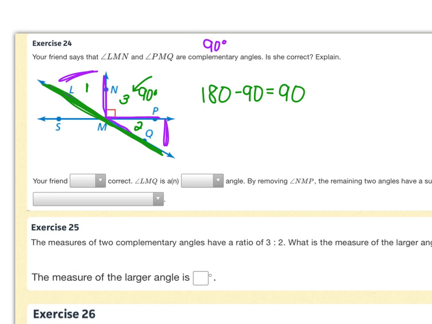And if angle 1 and angle 2 are going to add up to be 90, they are for sure complementary angles. So our friend is correct here. And again, the reasoning is because the angle in the middle is 90 degrees. So if you subtract away that angle, 180 minus 90 leaves 90 degrees left for angle 1 and angle 2. So she's correct. They are complementary angles.